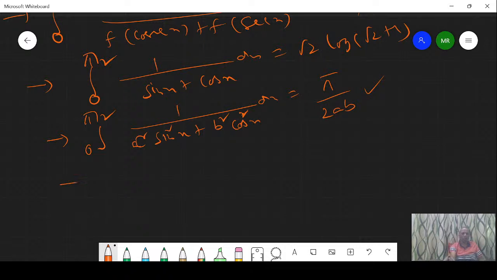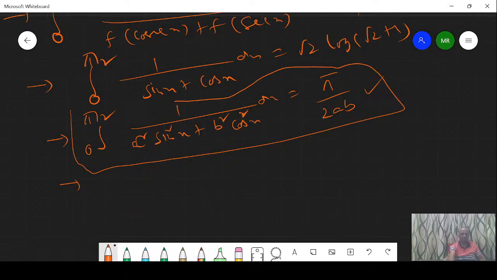Sometimes they make a small change in this problem, so remember the difference. This is the standard, most important one: 0 to pi by 2, 1 by a square sin square x plus b square cos square x dx is pi by 2ab. What is the small change?